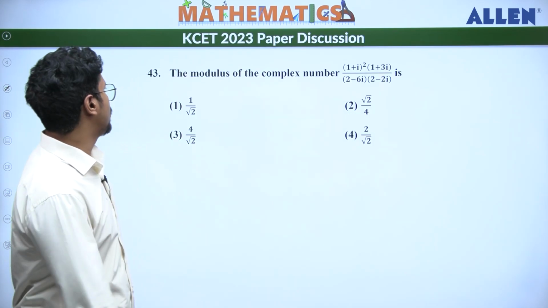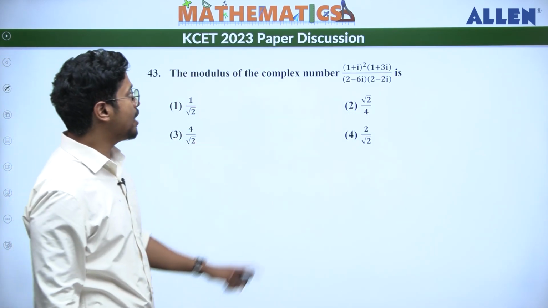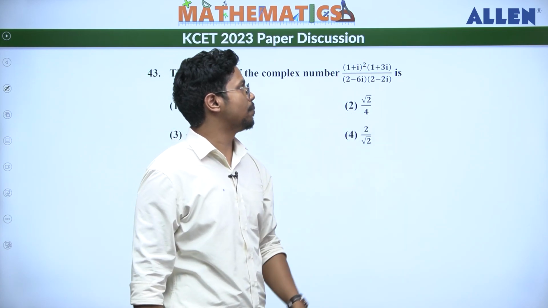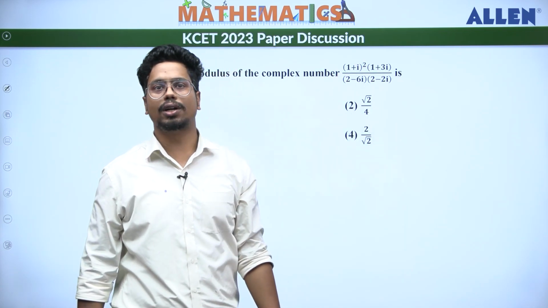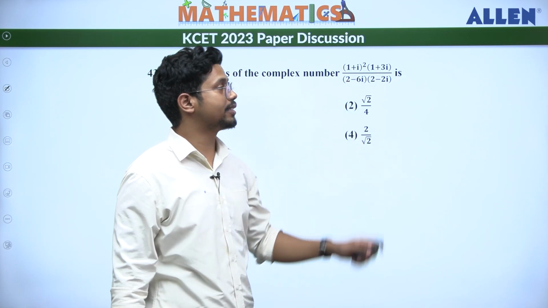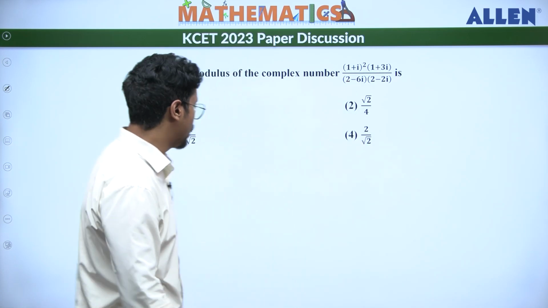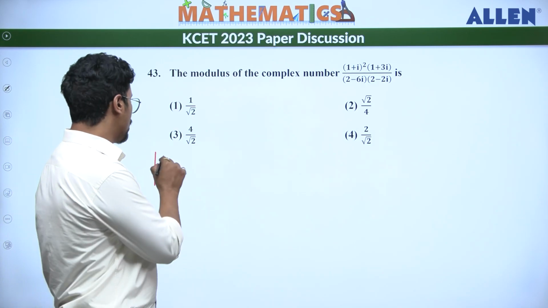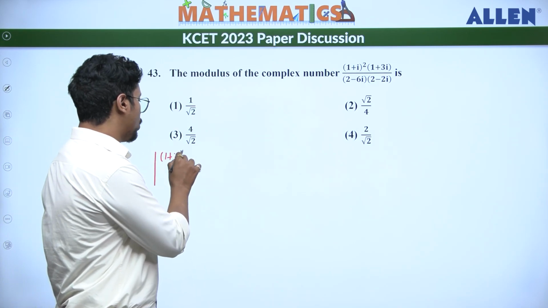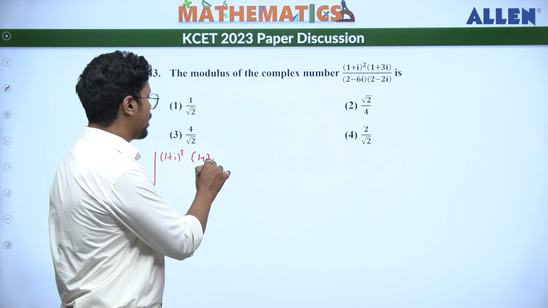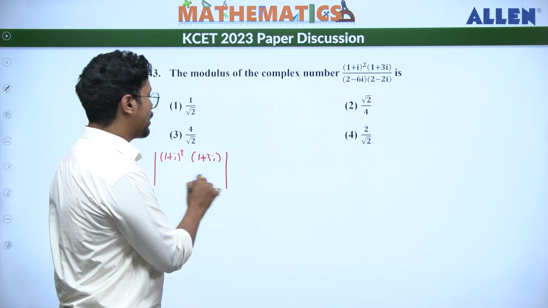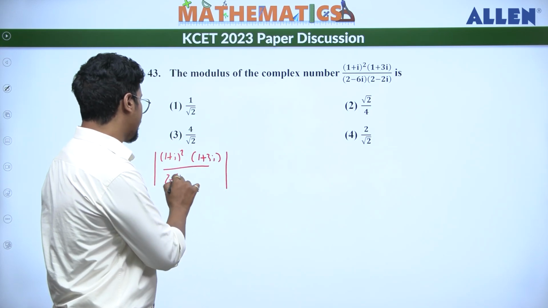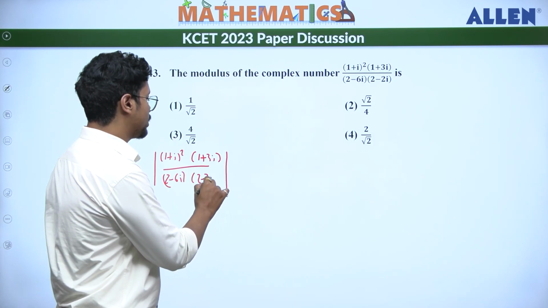Now we will discuss question 43. We have to find the modulus of the complex number (1 plus iota) whole square into (1 plus 3 iota) divided by (2 minus 6 iota) into (2 minus 2 iota).